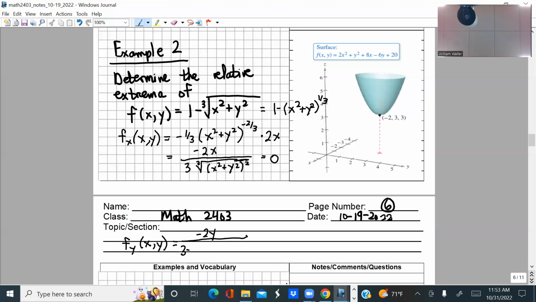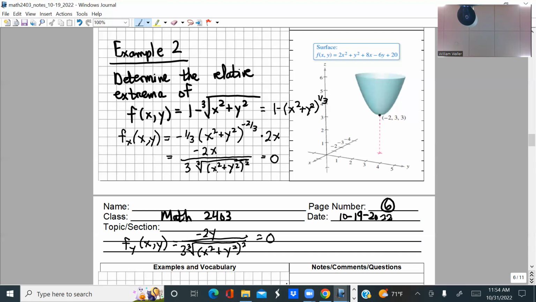And then the denominator will end up being the same. So we have no work left to do in finding that partial with respect to y, because it's going to look very similar to the partial derivative with respect to x, and we're going to set that equal to 0. All right, now we have to solve these two equations simultaneously.